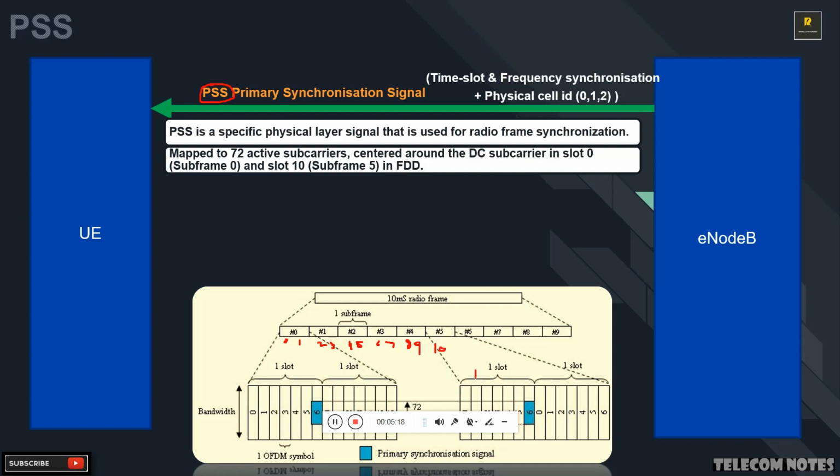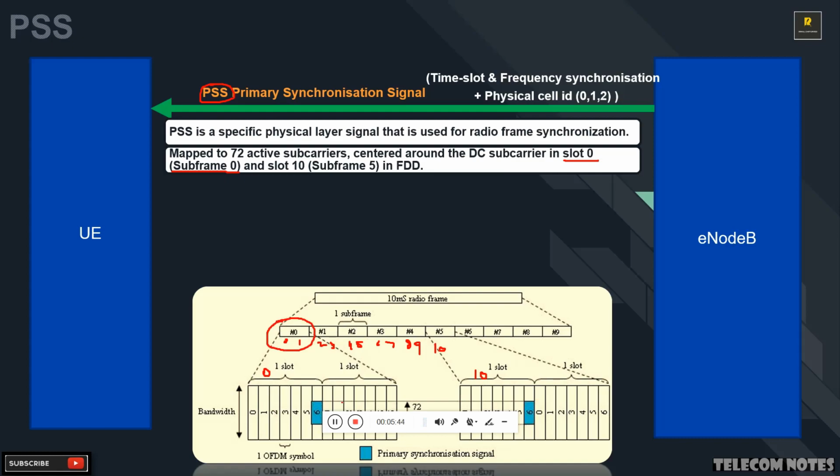This one is the 10th and this one is the 0, as it is saying slot 0 and subframe 0. That means slot 0 and this is subframe 0. This one is the whole subframe 0.